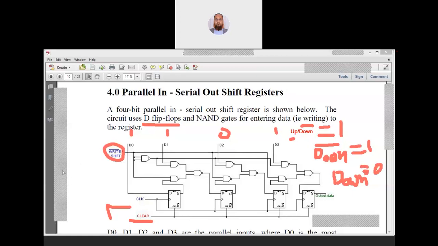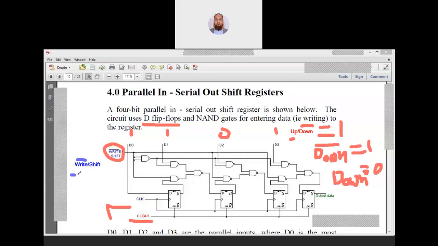A similar signal is here, and it is write bar slash shift.